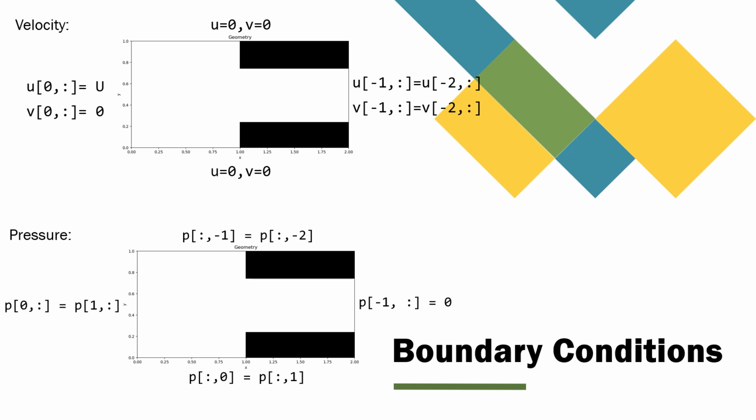And then at the outlet, I gave it the 0 gradient boundary condition, where at this edge, I have the last node equal to the one next to it. And then for pressure, I established a pressure of 0 at the outlet to have a fixed pressure condition, and then everywhere else was a 0 gradient condition. So from the one above, with the exception of where the actual pipes exist, there was 0.